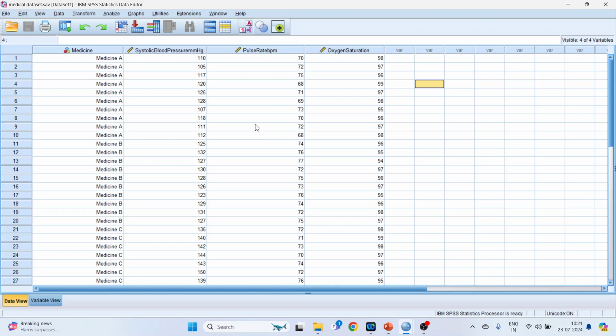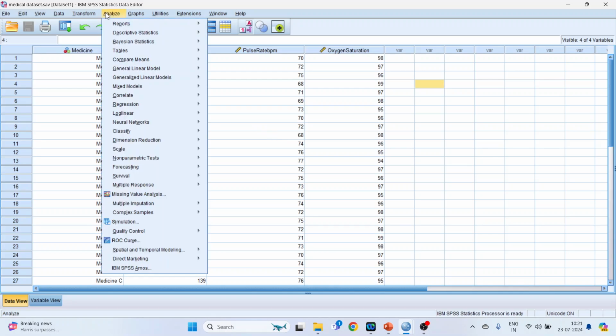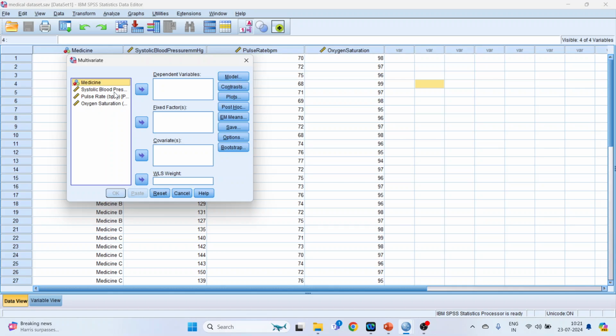Now we will run MANOVA in SPSS: analyze, general linear model, multivariate. Transfer systolic blood pressure, pulse rate, and oxygen saturation into dependent variables, and transfer medicine into the fixed factor.